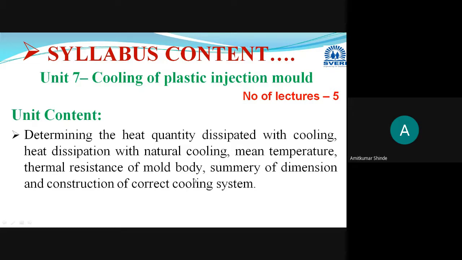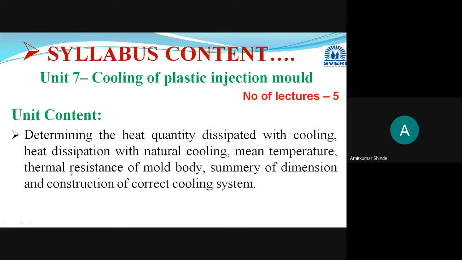Theory will be asked on this point only, that is how we are going to do the dimensioning and construction of a correct cooling system. The numerical question will be based on these concepts: to calculate the heat quantity, how we are going to perform the cooling, the heat quantity dissipated, and what is the mean temperature.